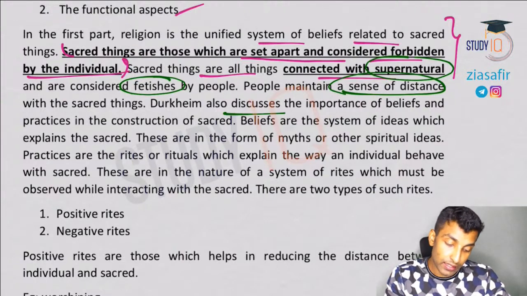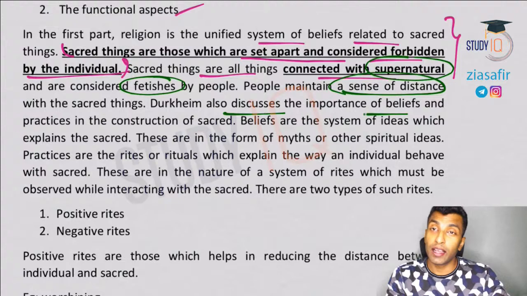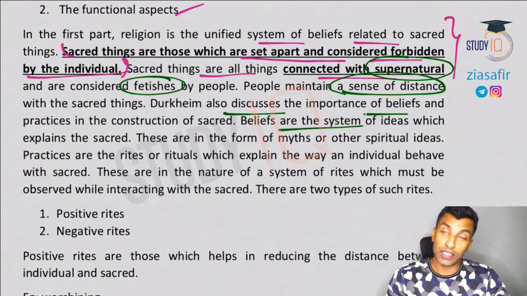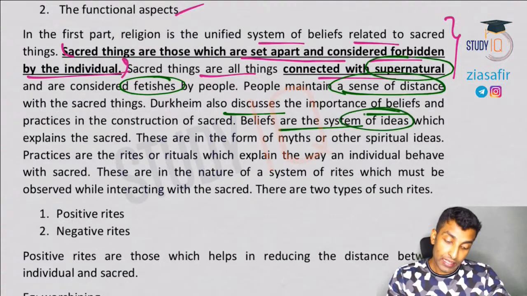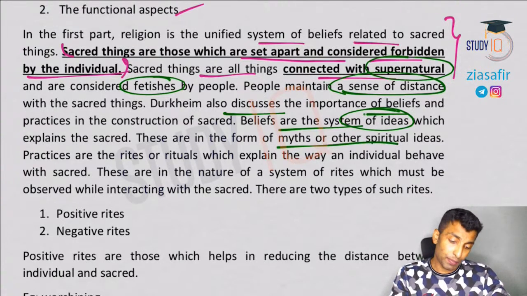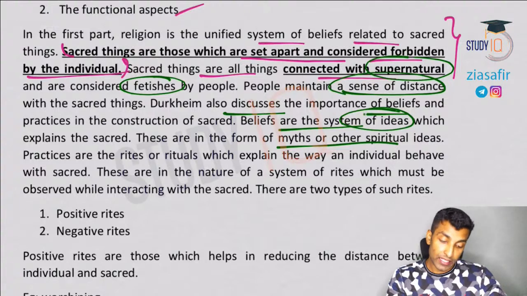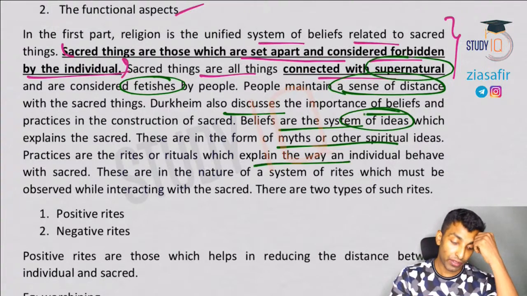Durkheim also discusses the importance of beliefs and practices in the construction of sacred. Beliefs are the system of ideas which explain sacred. These are in the form of myths or other spiritual ideas. Practices are the rites and rituals which explain the way an individual behaves with sacred.